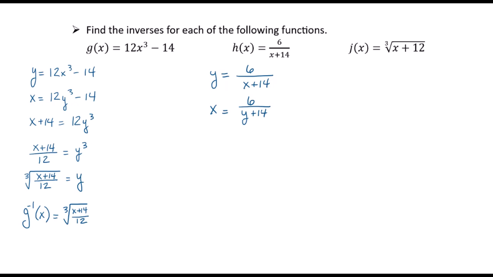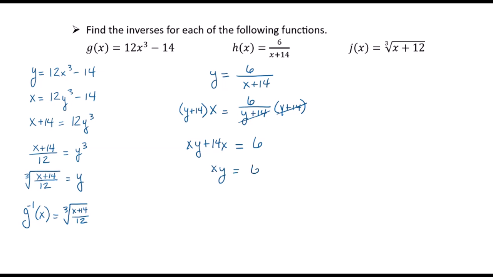So we multiply both sides by y plus 14. If I multiply this side by y plus 14 and this side by y plus 14, I'll have xy plus 14x equals, over here the y plus 14s get removed and we have 6.